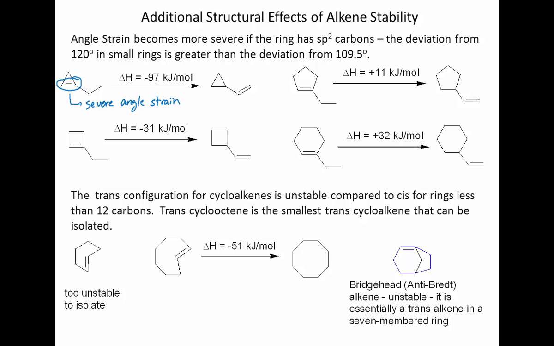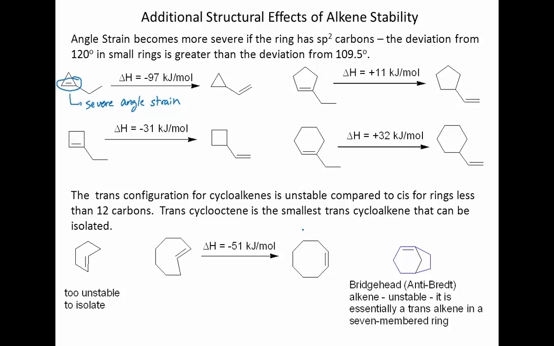As we make the ring larger, this severe angle strain goes away. So in this next example, the tri-substituted double bond in the 4-membered ring going out here is less exothermic. When we get to the 5 and 6-membered rings, it's exactly what you expect.